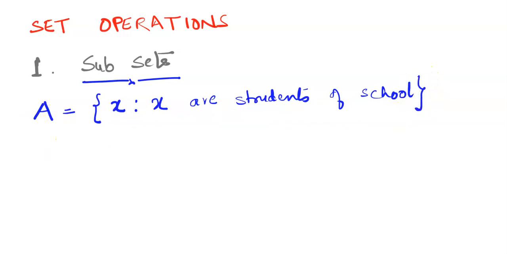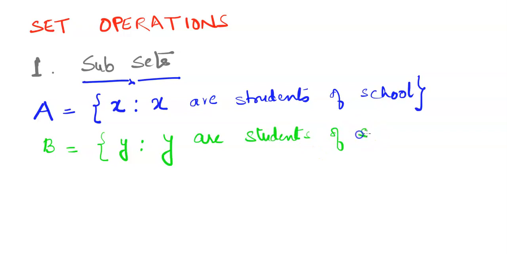And then there is a set B, y, so that y are students of the same school but of class 12th.